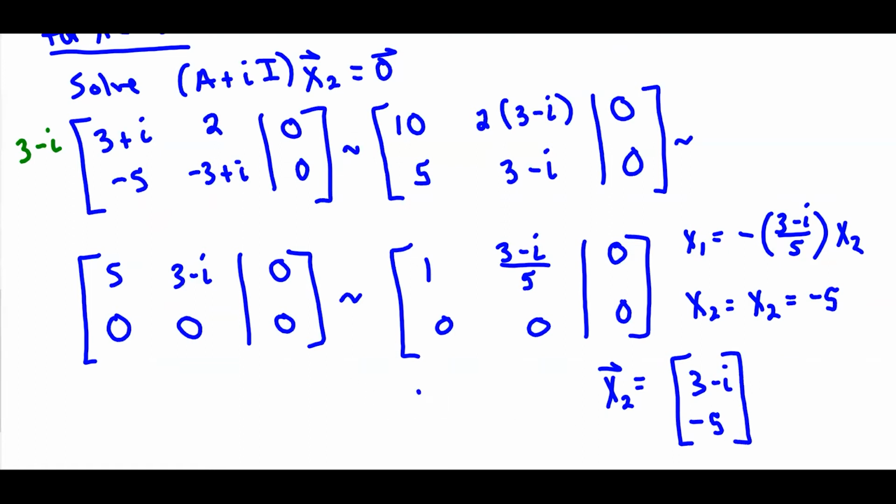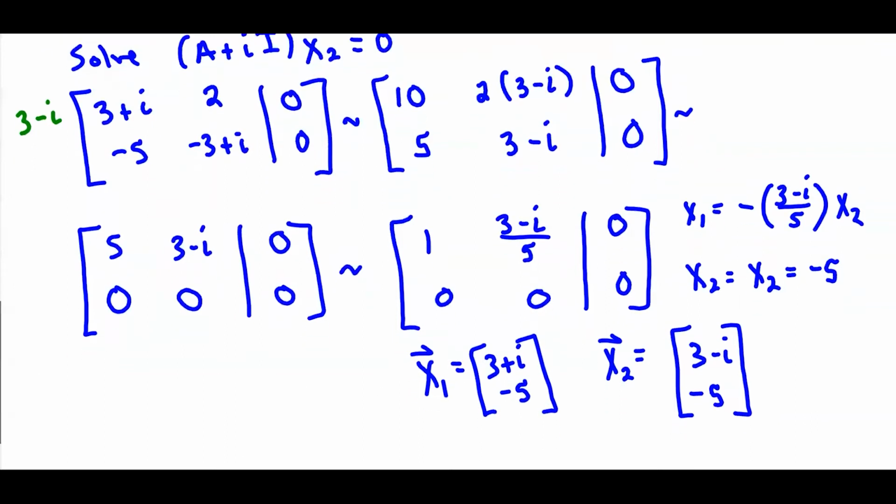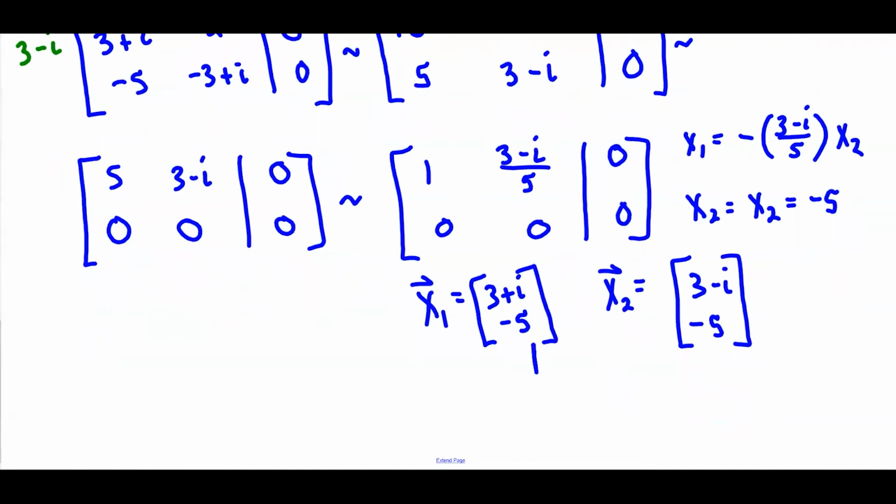And if you remember, what was the first eigenvector? First eigenvector was 3 plus i and negative 5. So that's interesting. You could say these two vectors are conjugates, right? We took the complex number and just took the conjugate of that and you get the other eigenvector.